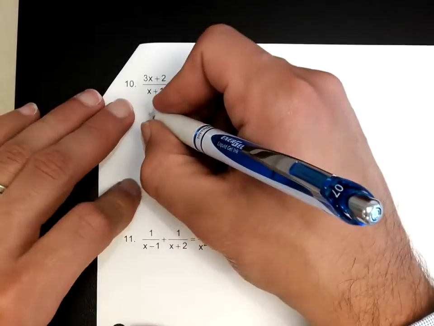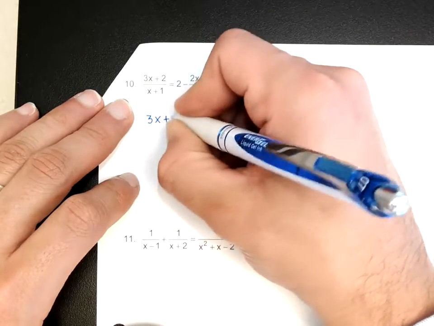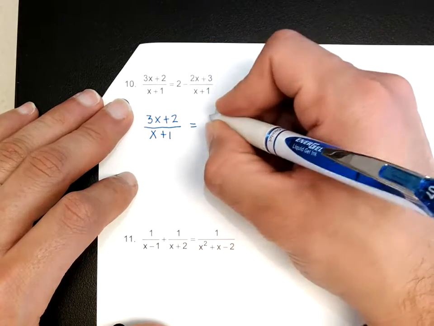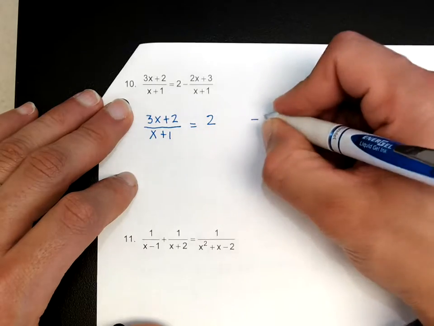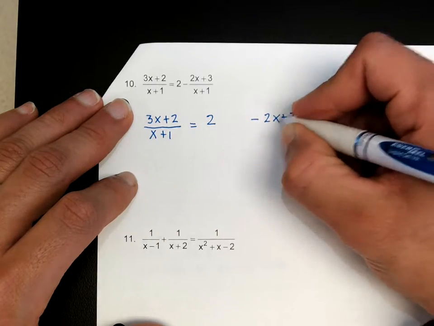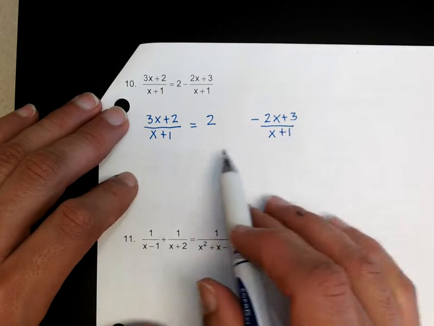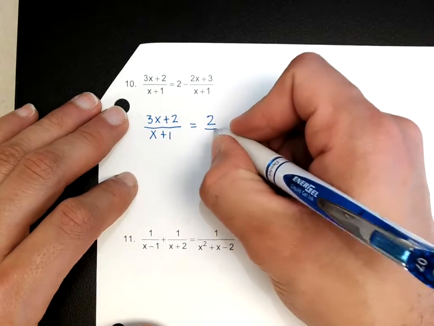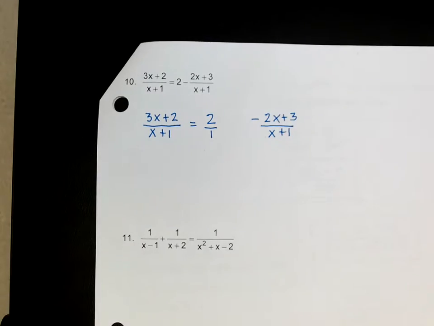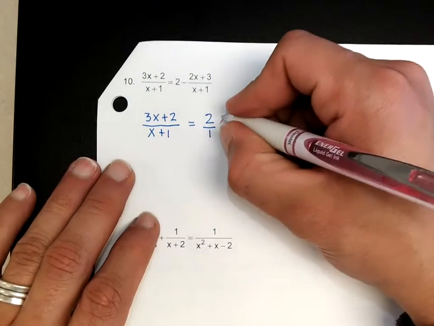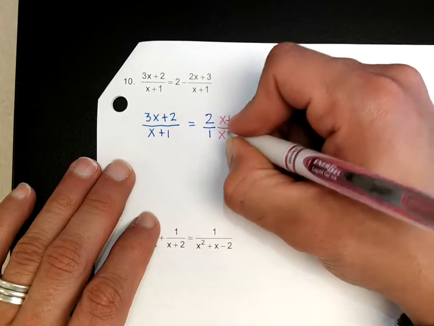Again, it's mainly because some people missed this on the quiz. There was a lot of you that still did not know how to do this. If I have a number by itself like this, there's nothing else with it. Look at the denominators. I have the same denominator here and here, but this 2 has a denominator of 1. So to make that denominator the same, I have to multiply top and bottom by x plus 1.